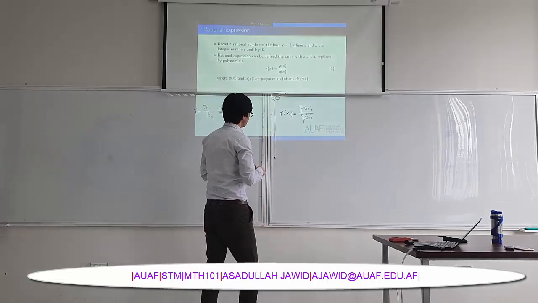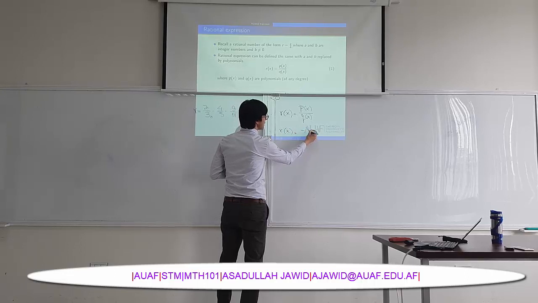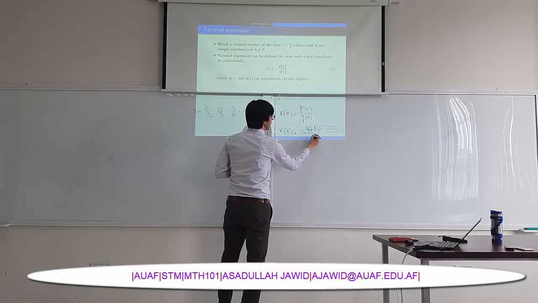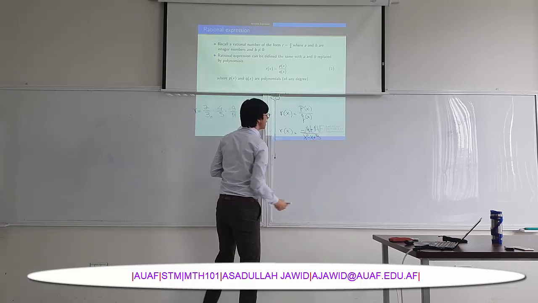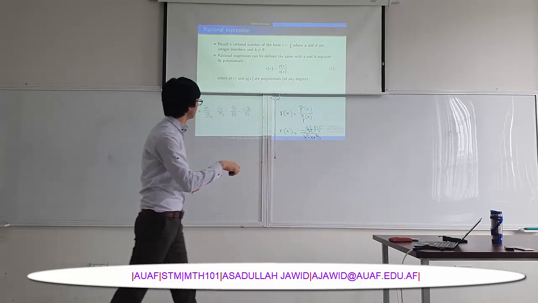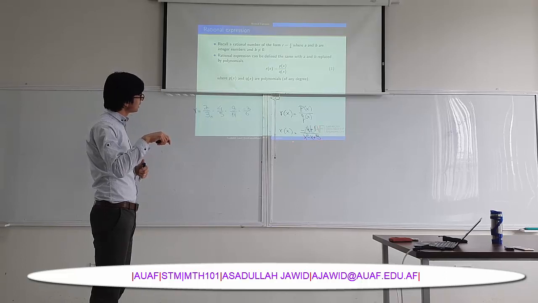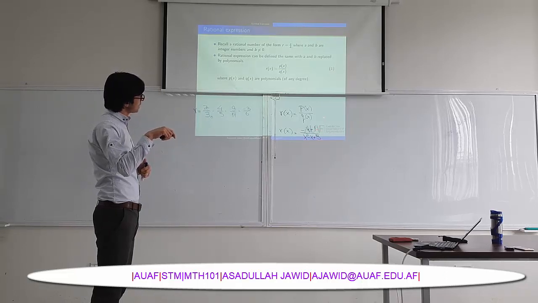For example, R of x equal to minus x plus 1 divided by x squared minus x plus 3 is a rational expression. Minus x plus 1 is P of x. X squared minus x plus 3 is Q of x.